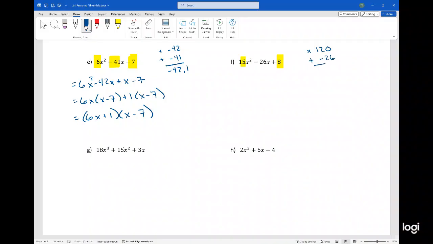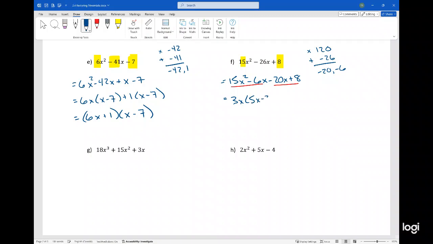And I think those numbers are going to be -20 and -6. So 15x squared, just for the heck of it, I'll do the -6 this time first, and then the -20. Again, order really doesn't matter. It'll always work. Partial factor those first two and second two.